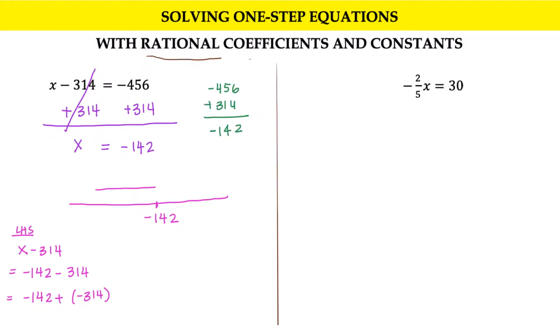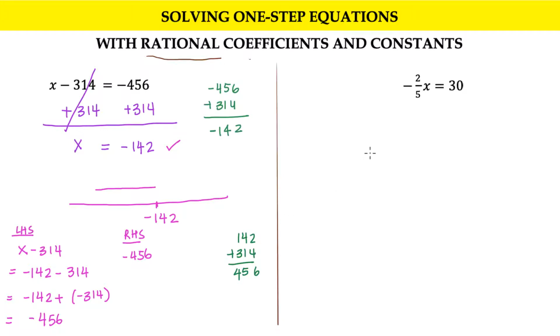Now since both the numbers are negative, you just have to add their absolute values. So 142 plus 314, and that is 456. So this is negative 456. And our right hand side is also negative 456, which means our answer of x equals negative 142 is correct.